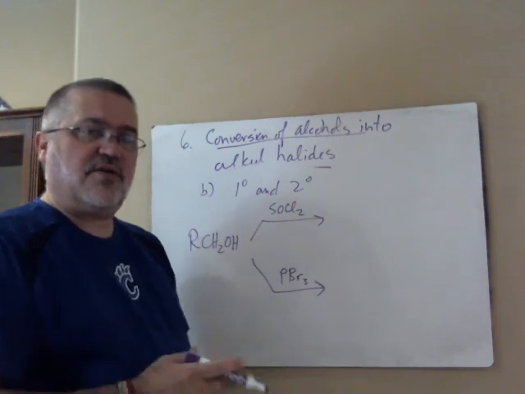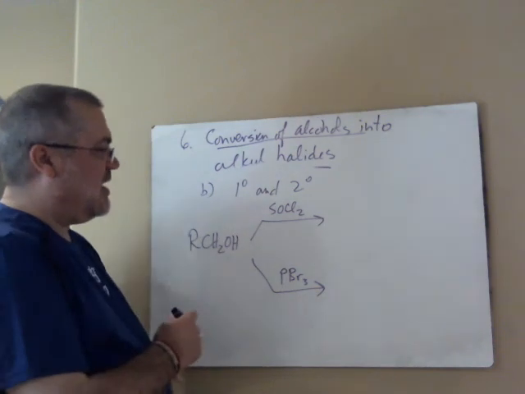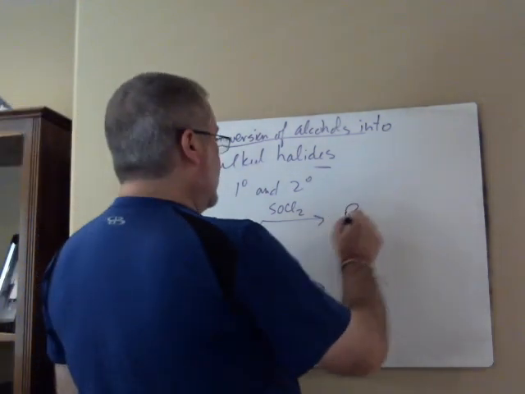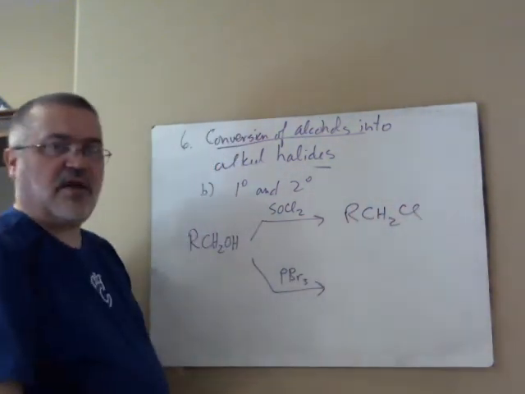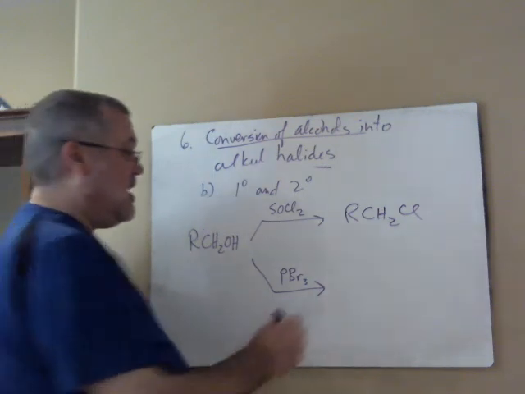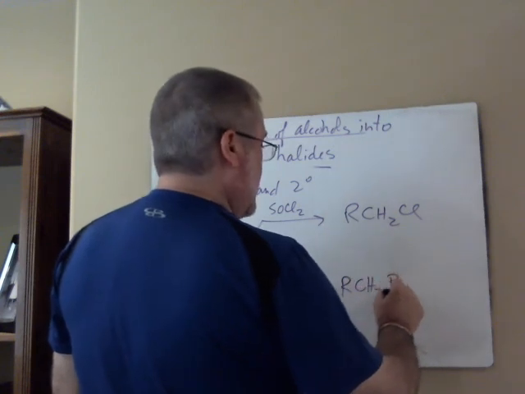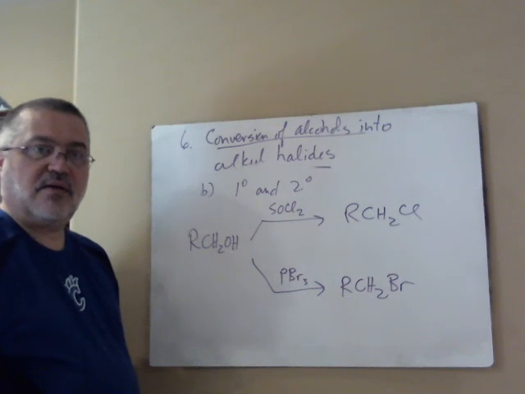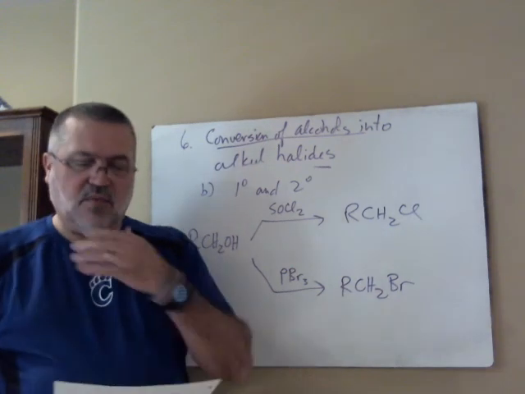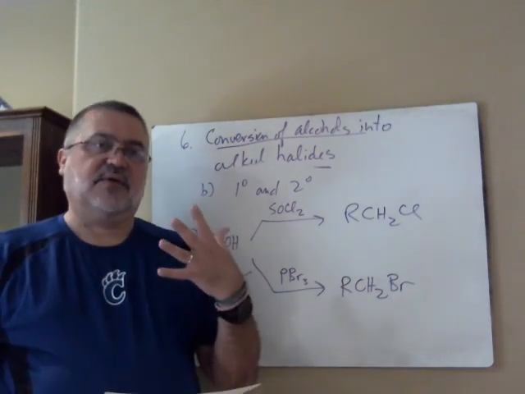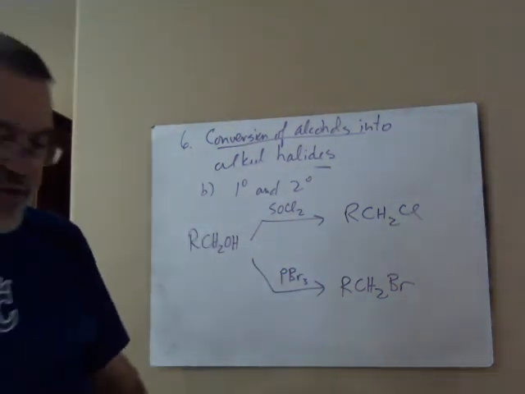Now, I'm pretty sure that we looked at these briefly last semester, but I'm showing you these again, because in the case of thionyl chloride, it's going to convert this into the alkyl chloride, and in the case of PBr3, it's going to convert it to the bromide. Okay, and that'll work for primary, secondary, and yes, it will work for tertiary, but it's usually not what you use. Usually you use the mineral acid for the tertiary.